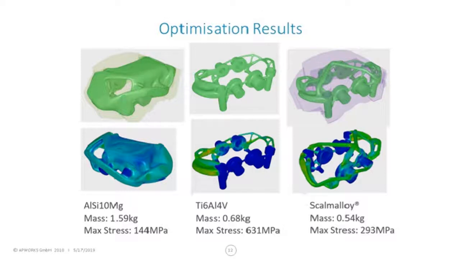And the mass you can see reducing. Interestingly, the Scalmalloy came with the lowest mass. That wasn't necessarily what we initially expected because titanium actually has slightly better specific material properties than Scalmalloy. But of course, in any design, you have certain features, which you can see in blue, which you've got to have regardless of the stress constraints.